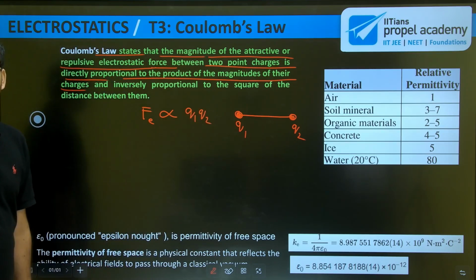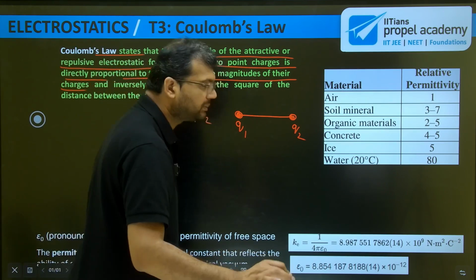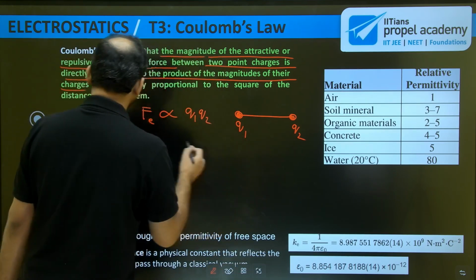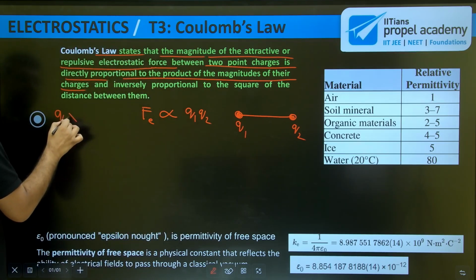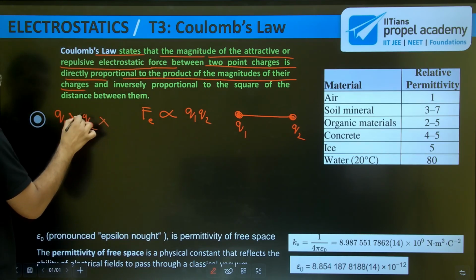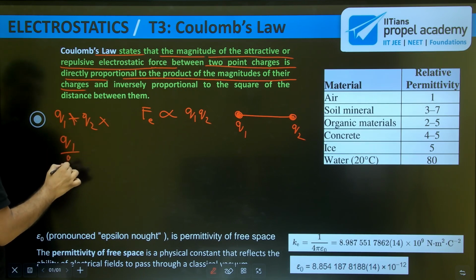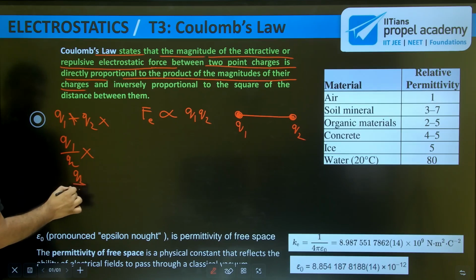This is what he gave based on experiments. It is not Q1 plus Q2, it's not Q1 by Q2, it's not Q2 by Q1.